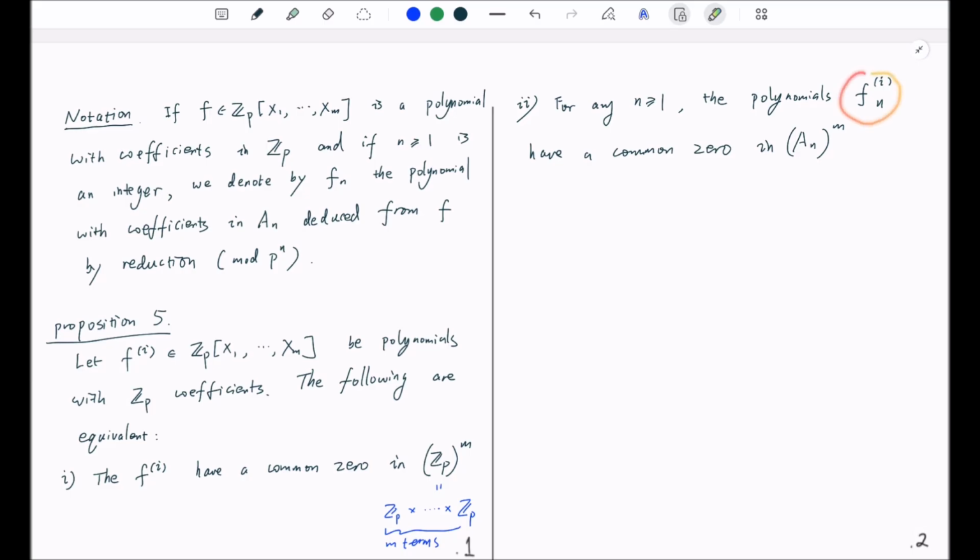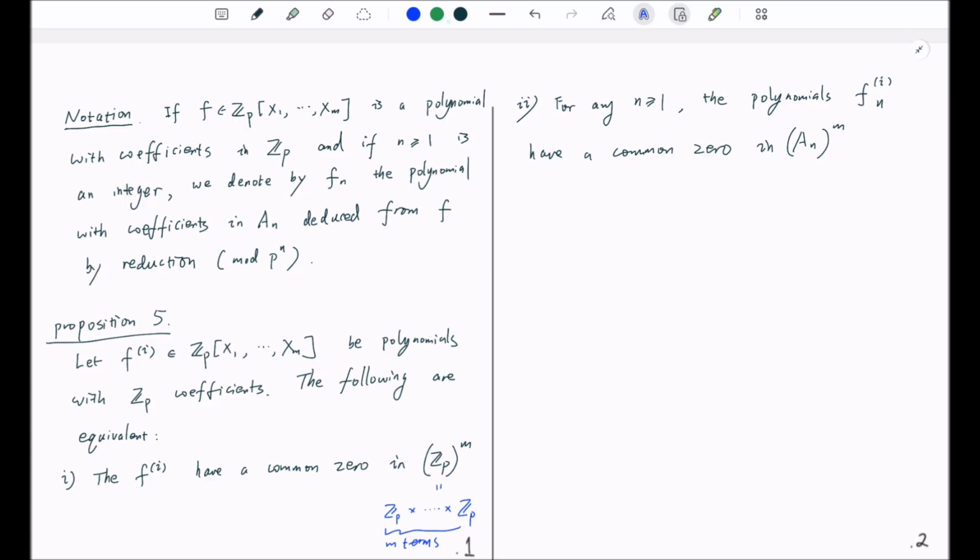And here, this is given by the definition here. This f_n^i is a reduction of f^i, where the coefficients of f^i, which are originally in Z_p, are reduced to A_n by modulo p^n. And also in Serre's book, this is stated as n strictly bigger than 1. But I think that is a typo. It should be n bigger or equal to 1.